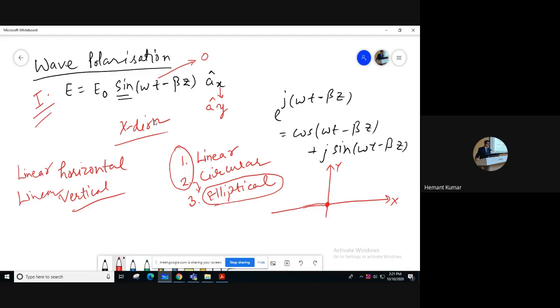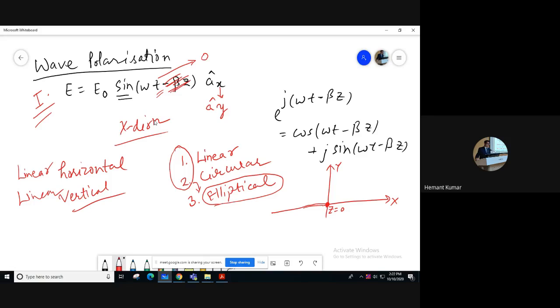The xy plane means z is equal to 0, so you can remove this portion and forget about it. While calculating the polarization, you forget about the z part, the space part. You only need to assume the time part. Now put t is equal to 0. If you put t equal to 0, the electric field will become 0.